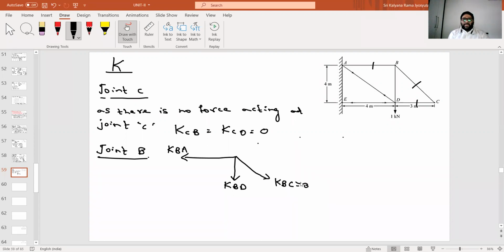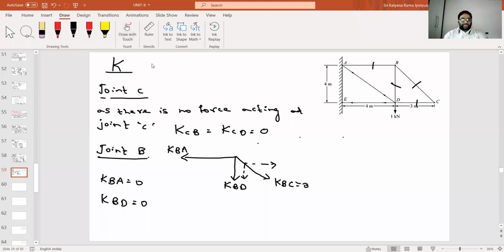We already know it. Because KBC is equal to 0, even when we are resolving it into components, these become 0. So automatically KBA is equal to 0, KBD is equal to 0. Straightforward. Now let us go to joint D.